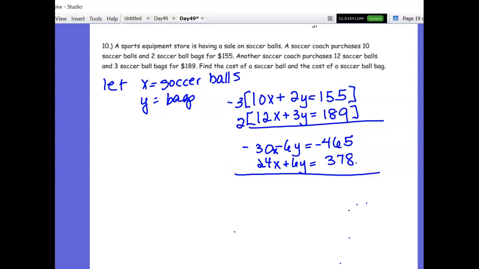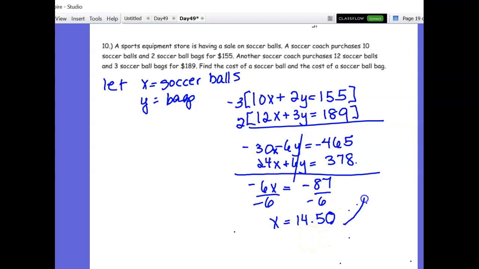Okay, so when I eliminate my y's there, I end up with negative 6x is going to be equal to negative 87, divided by negative 6. My x is going to be equal to $14.50, or 14.5. Okay, so we found the cost of the soccer balls, and then we plug it back in to get the cost of the bags.